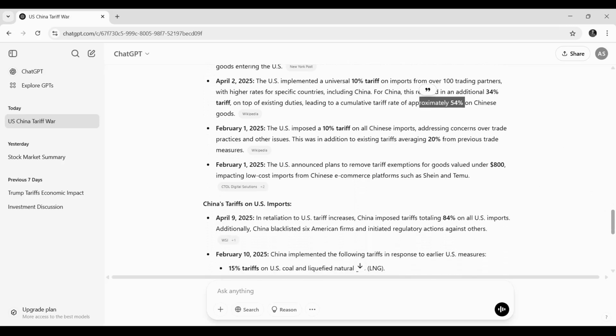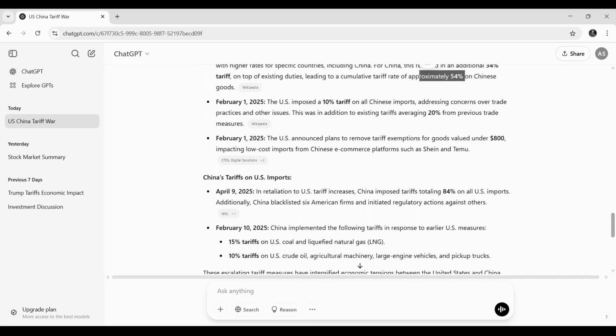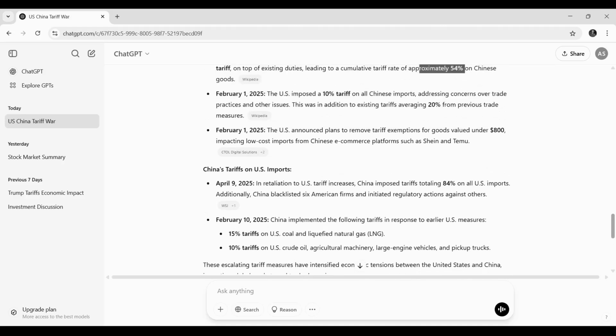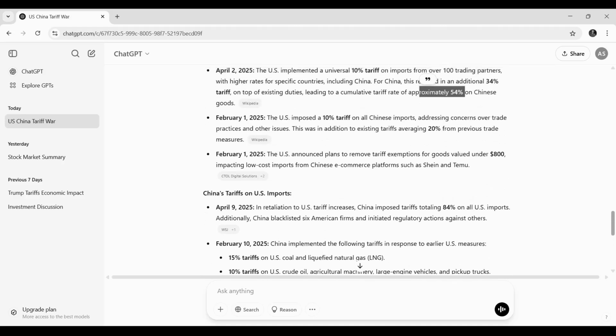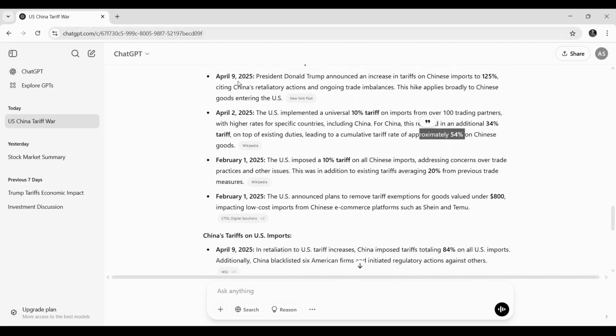Okay, now on the other hand, if we try to see from the Chinese perspective, then you will see that on 9th April, the USA imposed 125% tariffs. Okay, and on 9th April, first of all, China retaliated on US tariffs.